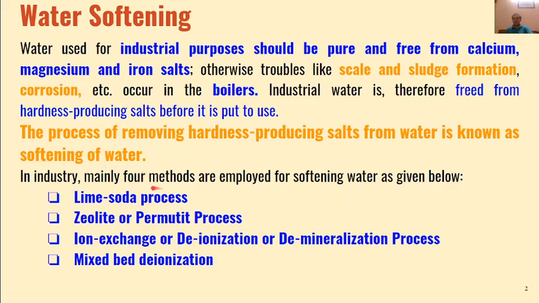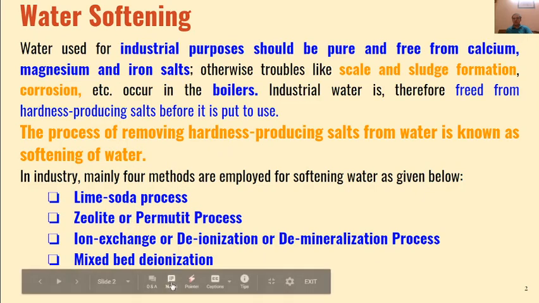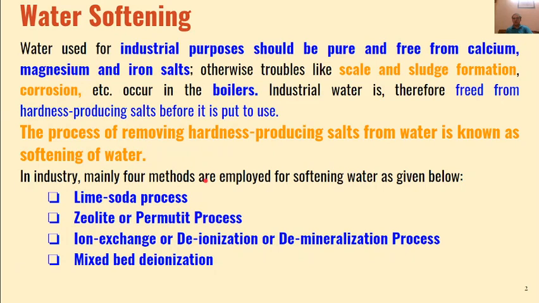As I have told you in the last lecture, these are the four common methods which are used for softening of water. In the last lecture we discussed the lime soda process, and how cold water lime soda process or hot water lime soda process can remove temporary or permanent hardness in the water to be used in industry.